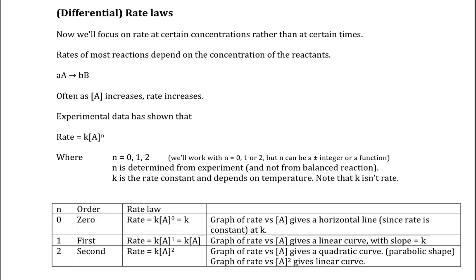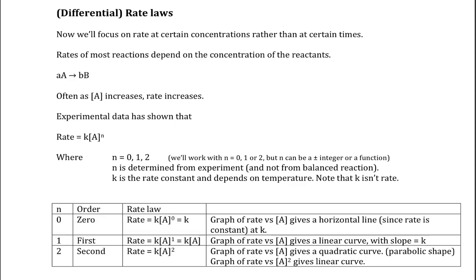In the table there, we see the three possible values that n can take on, and what we call that kind of reaction when we're talking chemical kinetics: a zero order reaction is one where n is 0. When n is 1, we call that a first order reaction. When n is 2, a second order reaction.